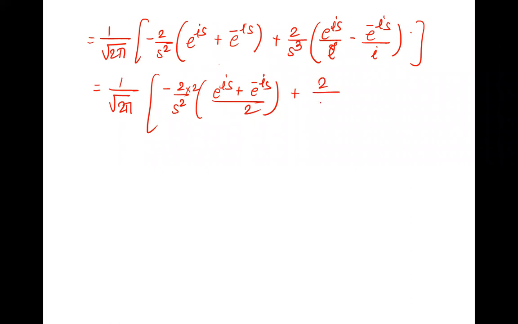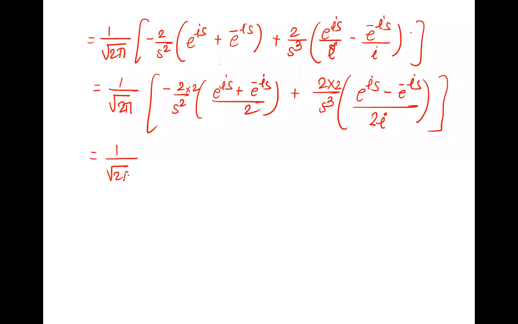Here it is 2 by s cube, e raised to is minus e raised to minus is, upon i. Same denominator, so we can collect. But what will we need here also? 2i, as the formula has 2i, so multiply and divide by 2. So we get 1 upon root 2 pi, minus 4 upon s square.